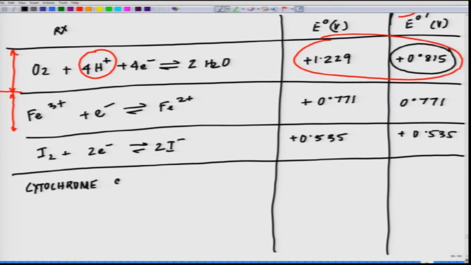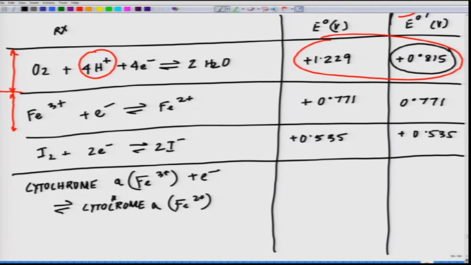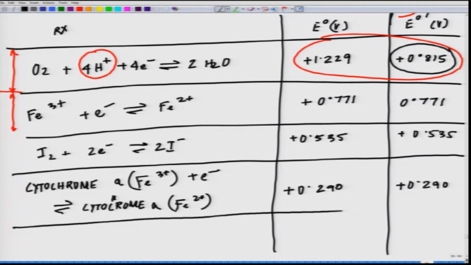Cytochrome a, which is Fe3 plus plus electron, it becomes cytochrome a Fe2 plus, which is getting reduced, and the values are plus 0.290 and plus 0.290, because again there is no involvement of any hydrogen ion or any kind of acid base situation.